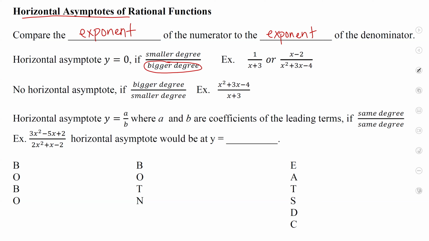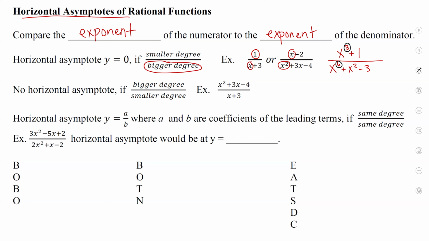So look at this example. You see how there's an x here, there's nothing up here, there's just a 1. Here there's an x squared compared to an x. Another example, let's say I have x to the 6th, something like this. And then I have x cubed. Do you guys see how in all of these examples, the exponent in the denominator is bigger?